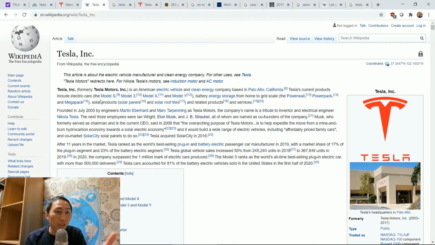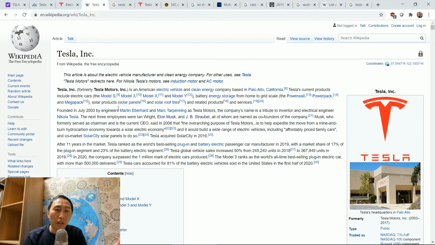Tesla's current products include Model S, Model 3, Model X, Model Y. So we see right off the bat that they produce four cars, and they also do energy storage with their Powerpack and Megapack. Looking at this, it quickly summarizes what this company sells and does.